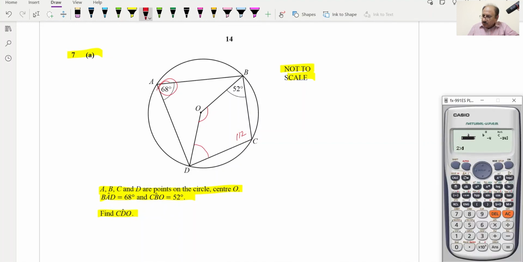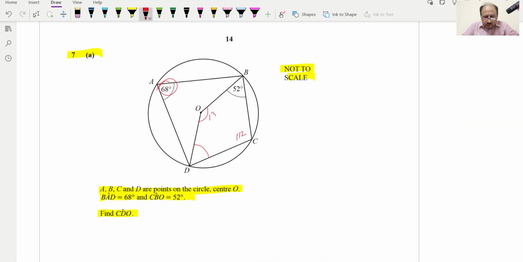So this will be 2 into 68. We can write 2 into 68 will be equal to 136. So this will be 136. Now in this quadrilateral, we have three angles. Fourth angle we need to find. So we will subtract from 360, and this will be what?